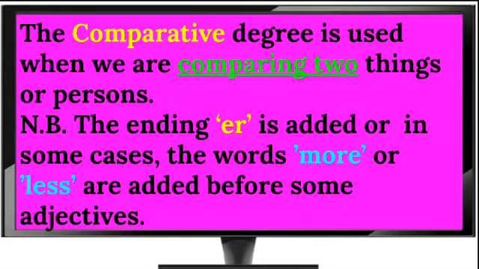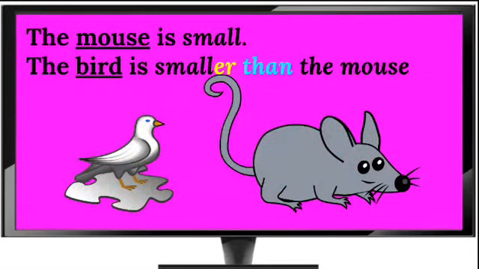Now, the comparative degree is used when we are comparing two things or persons. The ending ER is added, or in some cases, the words more or less are added before some adjectives. Let's look at our examples. So here we have our positive degree again. The mouse is small. Now here we have another animal, the bird, now being compared with the mouse.